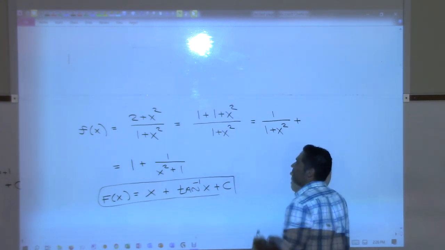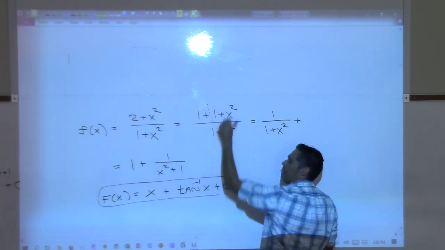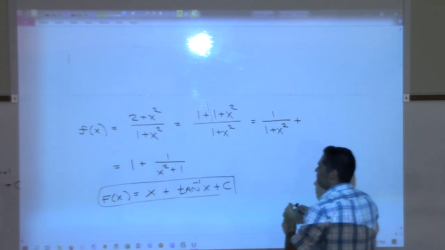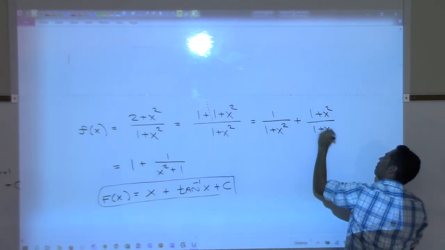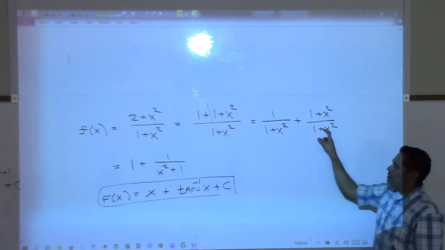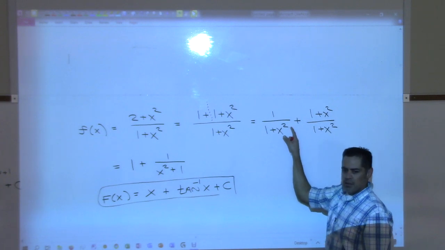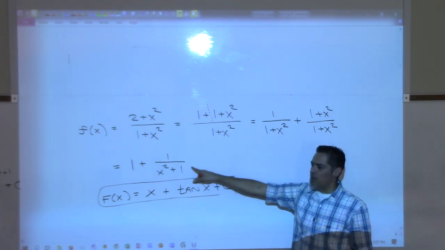It's like I'm splitting it into two pieces. And what do I get on that second one? That's just 1, right? So this is just 1 plus 1 over 1 plus x squared, which is exactly that. So I actually got to the same thing without doing any long division.